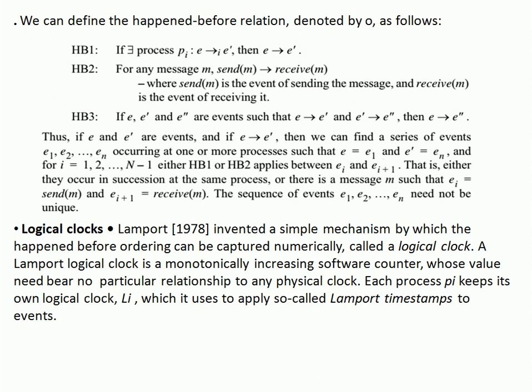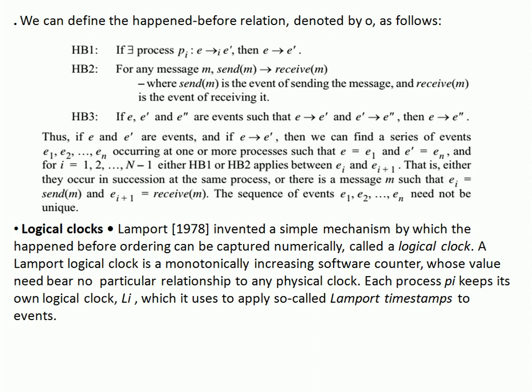Some more theory regarding this: if E and E dash are events and E happened before E dash, then we can find a series of events E1, E2, up to En occurring at one or more processes, such that E is E1 and E dash is En, and for i equal to 1 to n minus 1, either HB1 or HB2 applies for Ei and Ei plus 1.